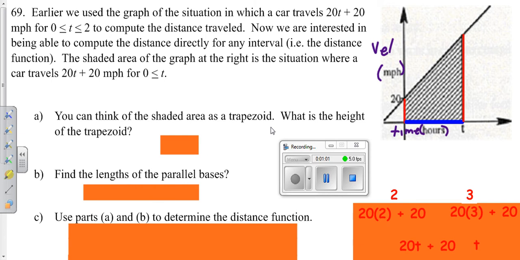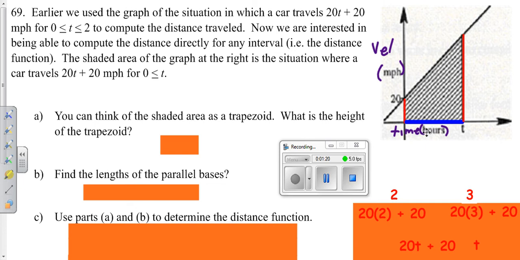To find the area of a trapezoid, first of all, we'd have to know our bases. Remember, the bases are the parallel sides, so they'd be the red sides. And we would need to know our height, and that's the distance between our bases.